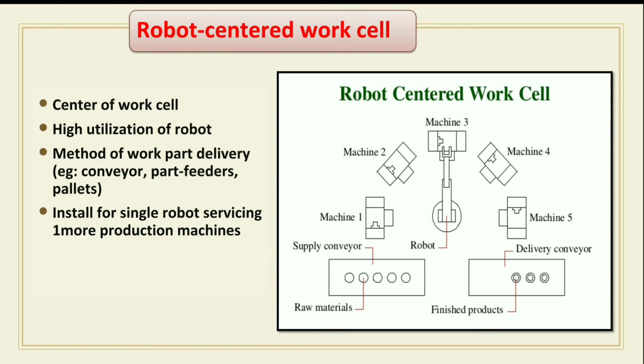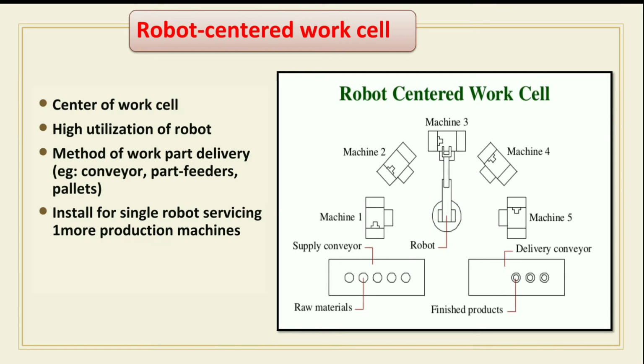Discrete part production such as die casting, machining, plastic molding and other similar production operations can be accomplished by this type of work cell. So this is the important work cell used, the robot-centered work cell, with the circular arrangement of different machines or utilities around the robot.